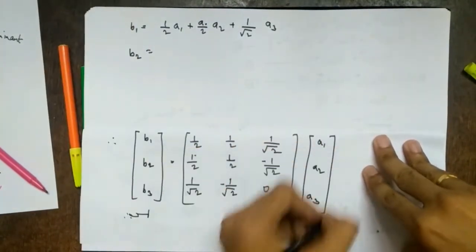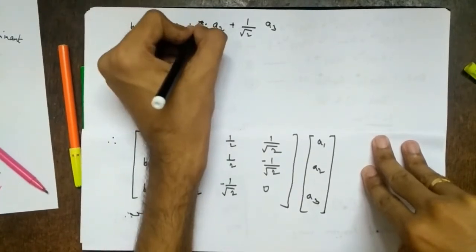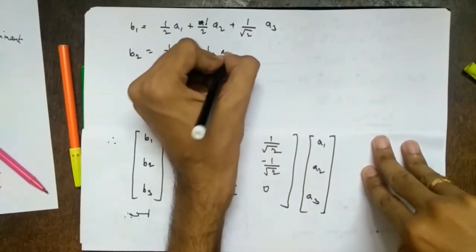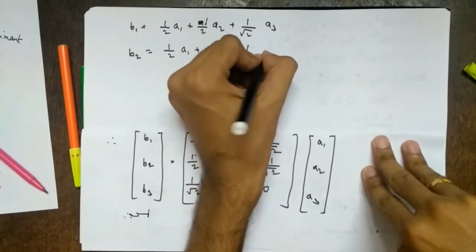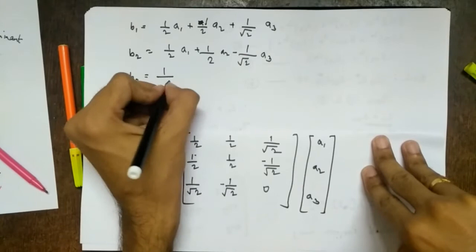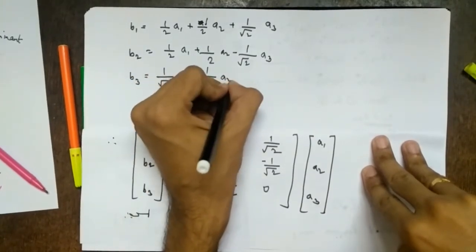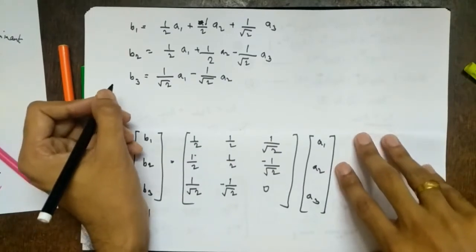B2 equal to, I am just multiplying the matrices, 1 by 2 A1 plus 1 by 2 A2 minus 1 by root 2 A3. Then you have B3, 1 by root 2 A1 minus 1 by root 2 A2. Right?